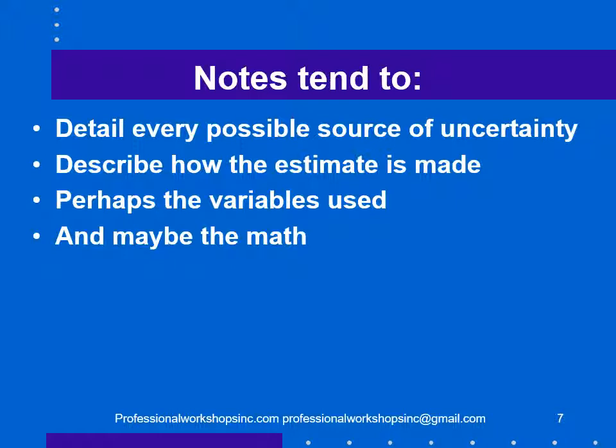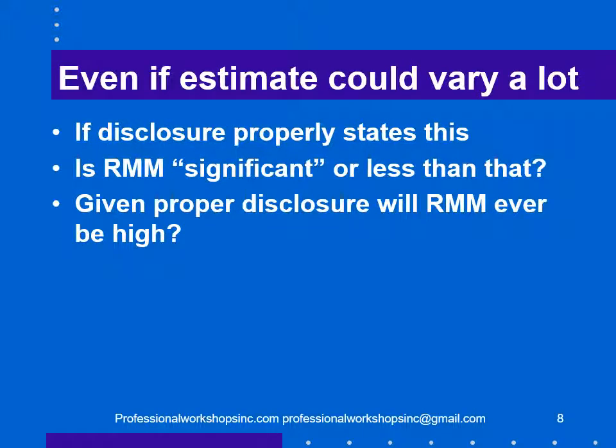So if you don't like the interest rate that management used, you think it should be different, you as a user can redo the math and come to your own conclusion as to how that option, for instance, should have been valued. So even if the estimate could vary a lot, if the disclosure properly states this, and you will see from looking at public company financial statements that they are doing that all the time, virtually every item in the financial statements, there's a warning that says it could be wrong.